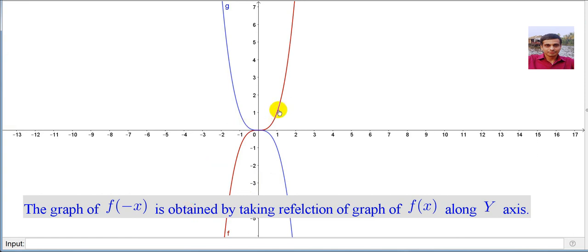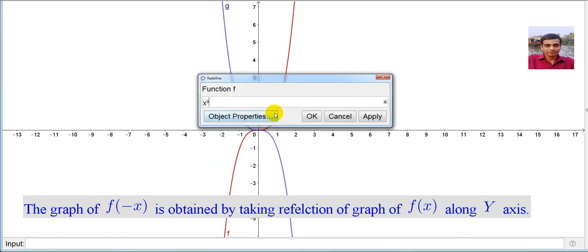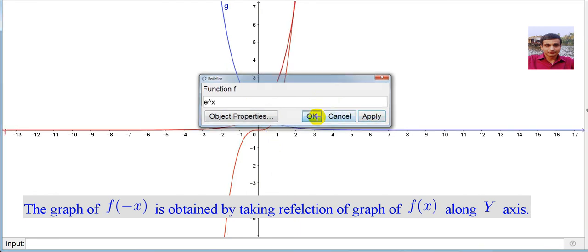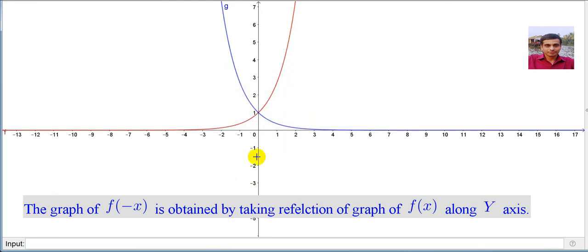Let us try it for the exponential function e raised to x. So the graph in red color is that of e raised to x, and the graph in blue color is the graph of e raised to minus x.